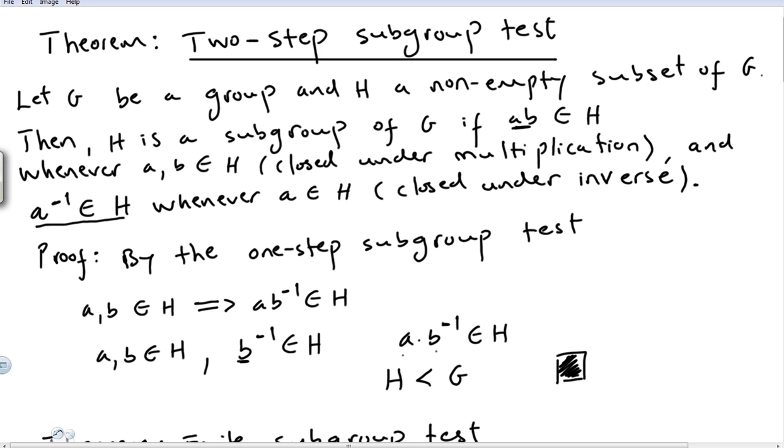The two-step subgroup test says let G be a group and H a non-empty subset of G. H is a subgroup of G if AB is in H whenever A and B are in H, so it is closed under multiplication, and the inverse is also in H whenever A is in H.